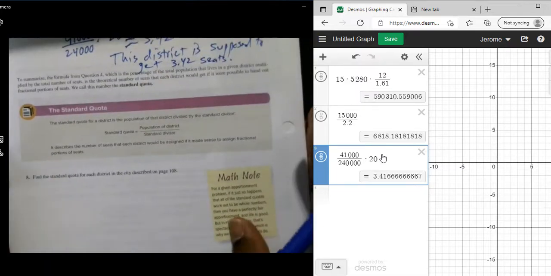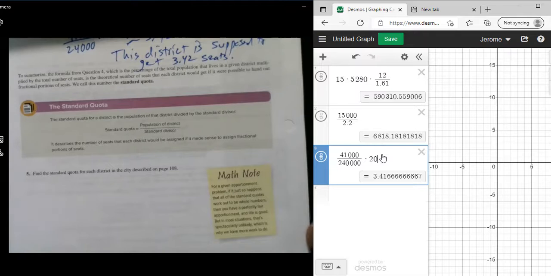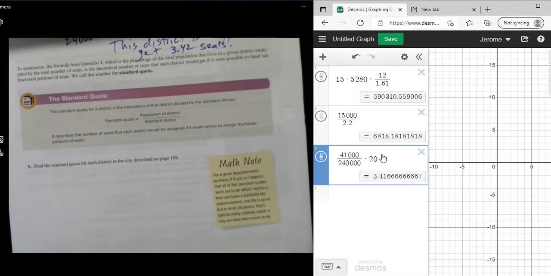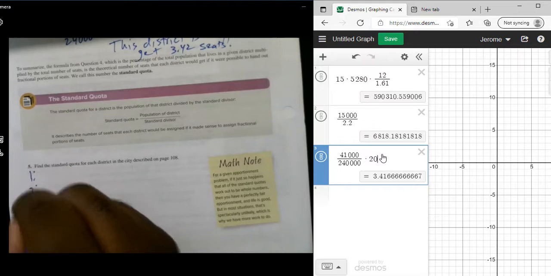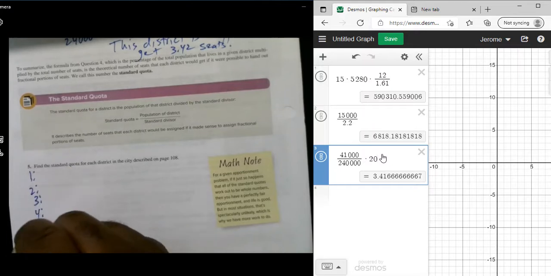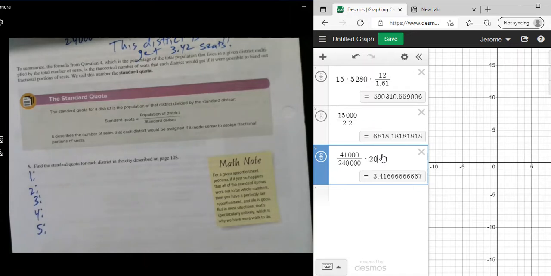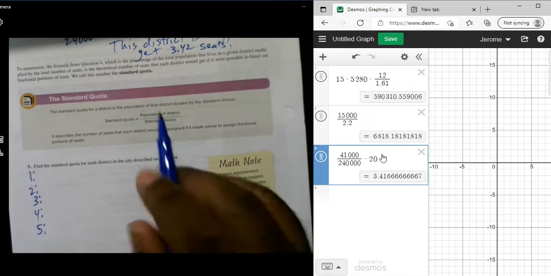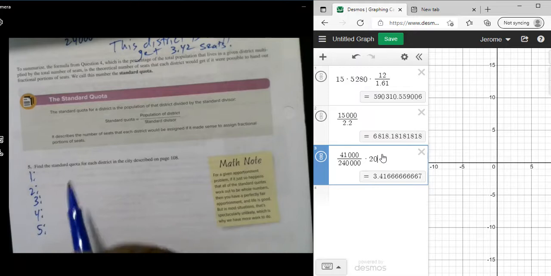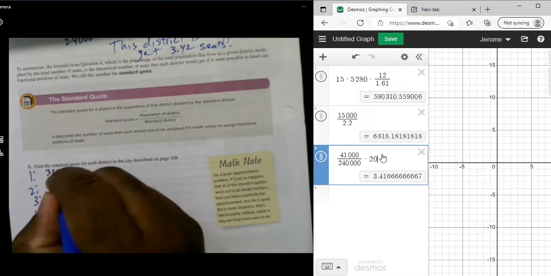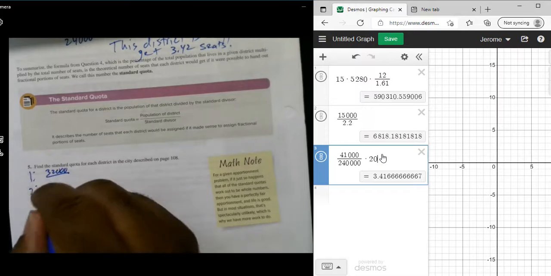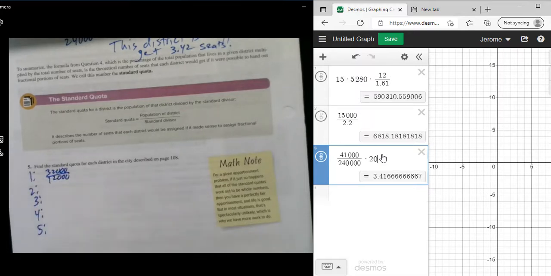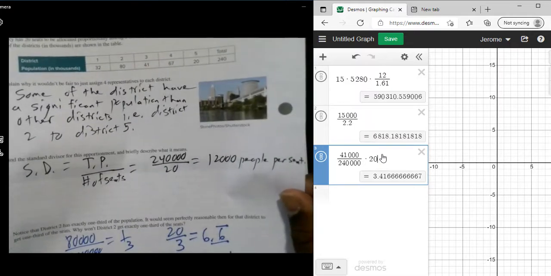So now, when we go down here, they want us to do the standard quota for all of the rest of the districts. So what I'm going to do, I'm going to list each district here, and then I'm going to write out what they have. So we had a population of the district. District 1's population is 32,000. And then we divided by the standard divisor. The standard divisor was 12,000. We determined that back in problem number 2, just to show you here.